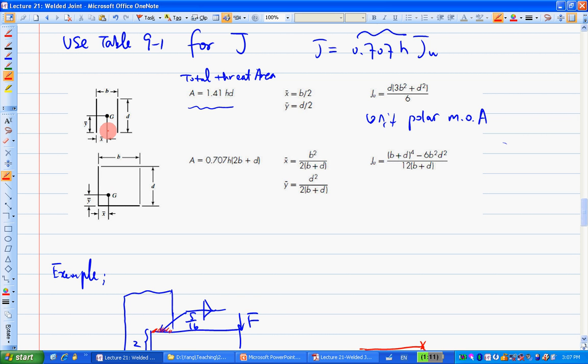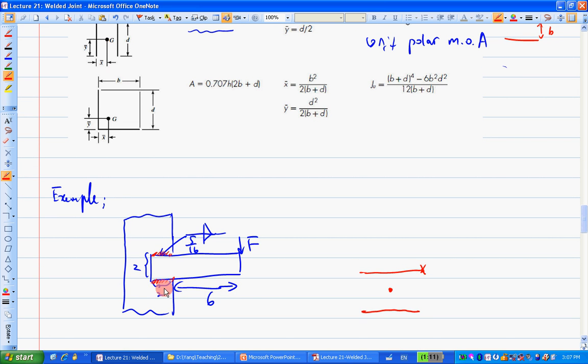If I rotate it according to the dimensions, this is a B, this is a D. What you need to be careful about is that this one is actually good because it's 2, so you probably won't make a mistake even if you mixed up B and D. But if I change this to maybe 3, what's B, what's D?